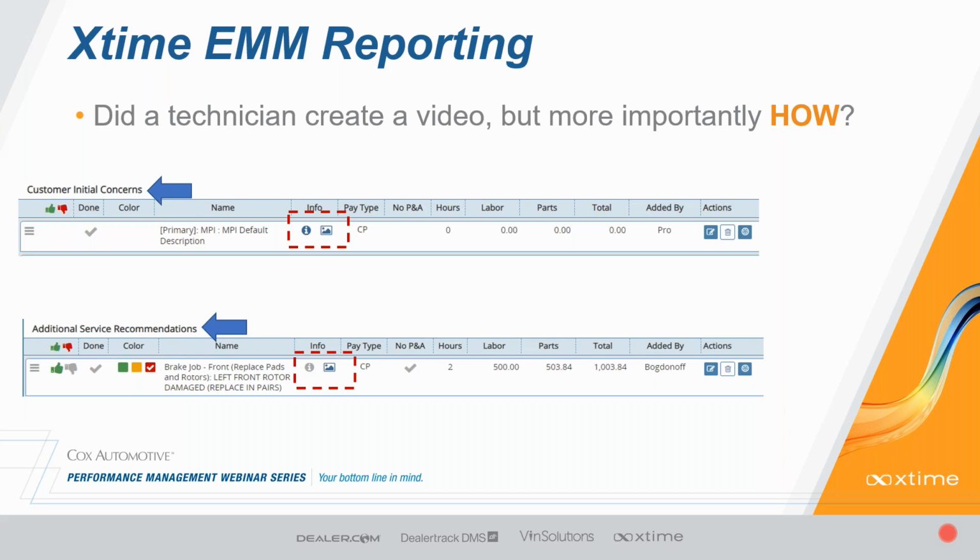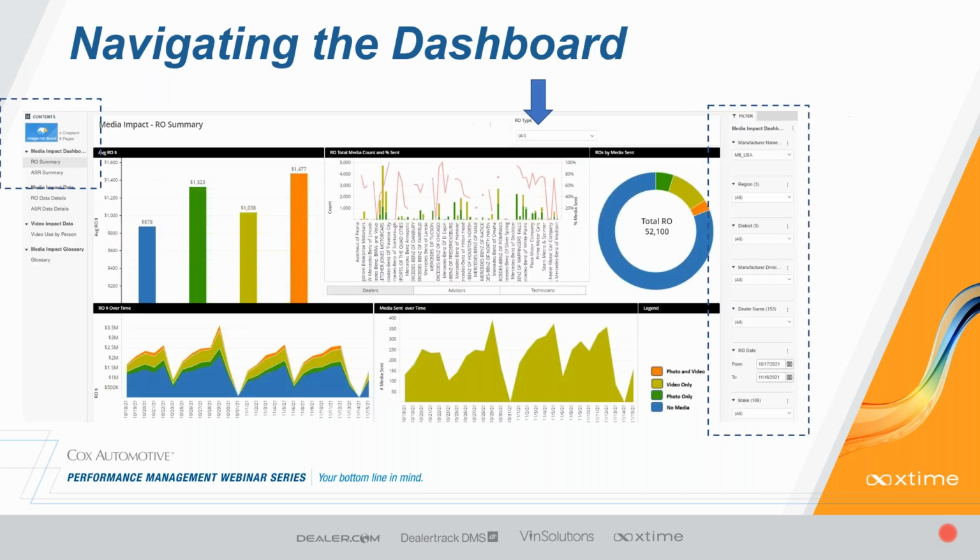We didn't drag them up to a primary line, but we do have the video attached to that as well. So depending on your process, it's going to depend on which reports are going to make sense and matter the most, because these are two very different things. So we're tracking average dollars per ASR if you're using ASR videos, but average dollars per RO if you're using primary lines. So let's take a look at what that looks like.